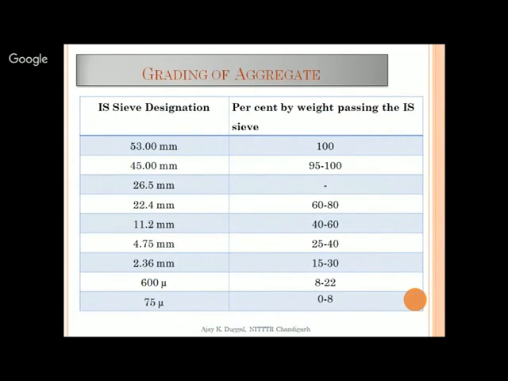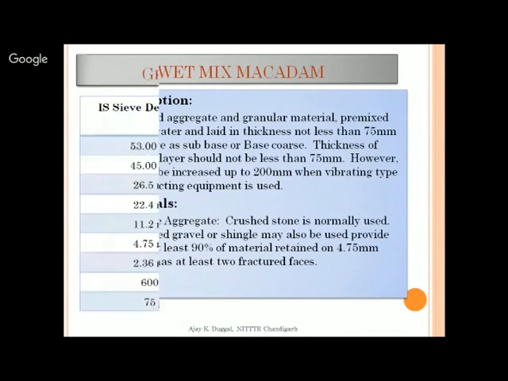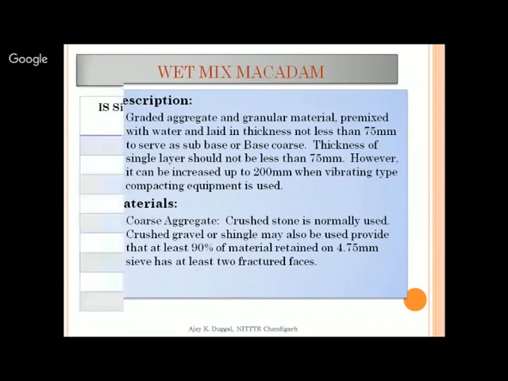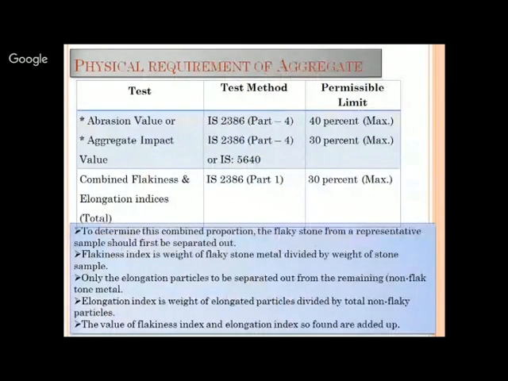So you have also the finer material of 75 micron passing, which is 0 to 8%. And thickness to be laid is 75 mm to 200 mm. Now the aggregates which you are going to use is meeting these strength requirements which we discussed earlier.